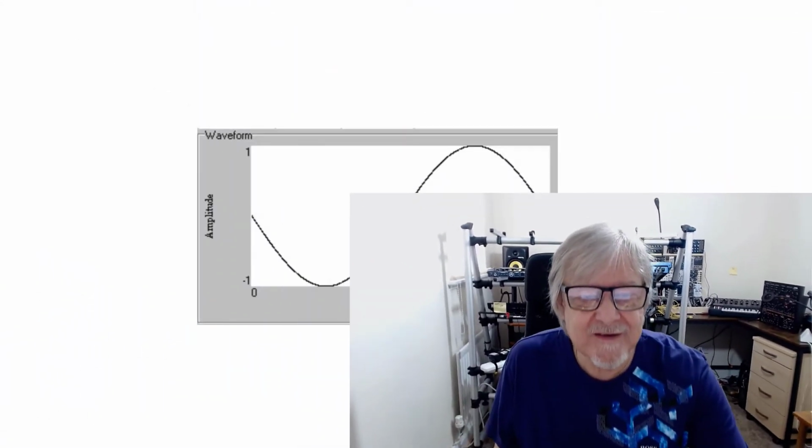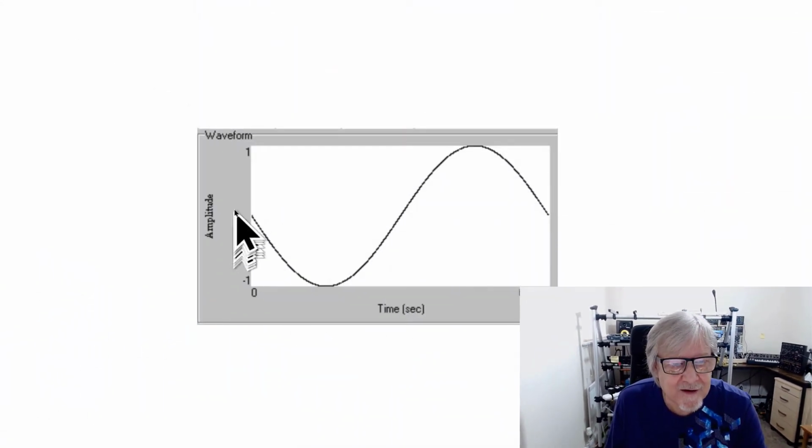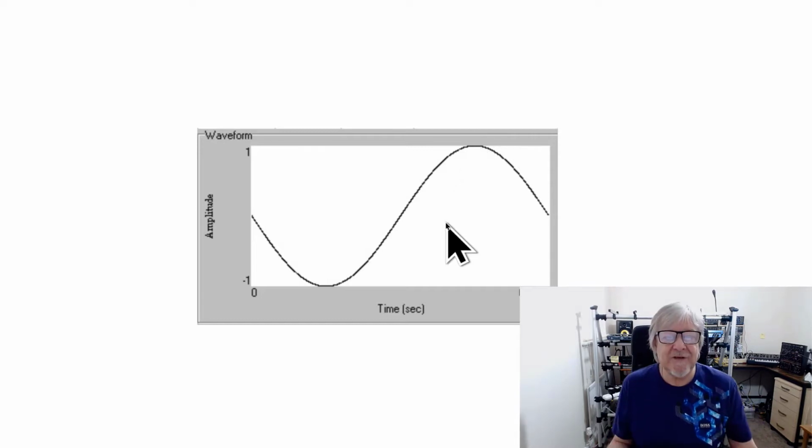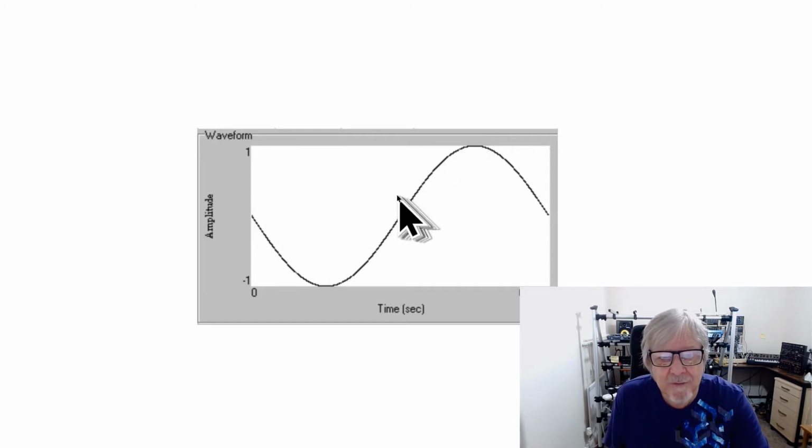So here is a sine wave, and there are values on the chart here ranging from -1 at the bottom through 0 in the center to +1 at the top. Now, if this was an analog signal, this would have a value of 0, this would have a value of 1, the halfway point would have a value of 0.5, halfway between 0 and 0.5 would be 0.25, halfway between 0.25 and 0.5 would be 0.375.